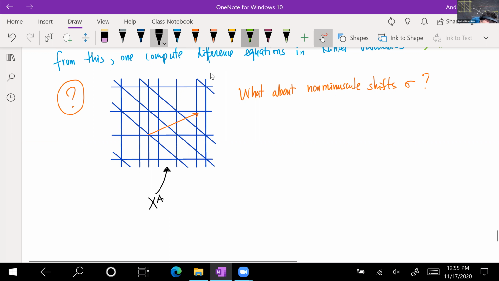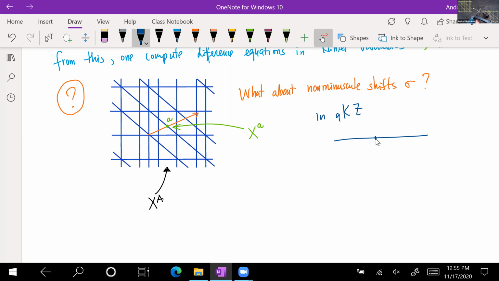And if I have a point A here, then over that sits the fixed locus of some element, of that element A. And so in QKZ, we had a shift.